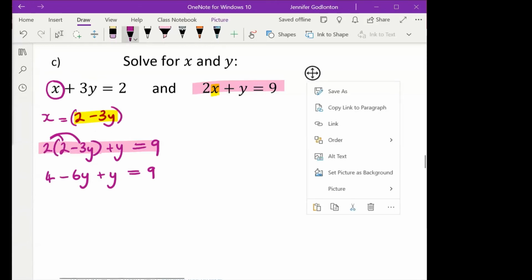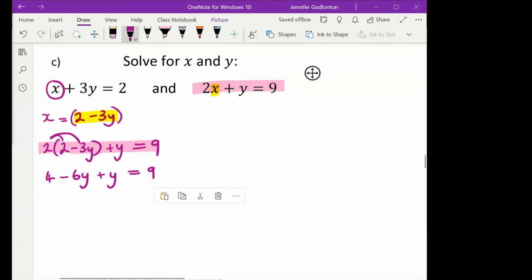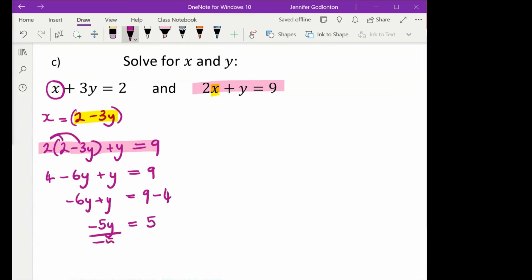So now we're at this point over here. I want to keep my y's on one side and move my numbers to the other side. So I have -6 plus 1, which is -5y, and 9 minus 4, which is 5. I'm going to divide both sides by -5, which means y is equal to -1.